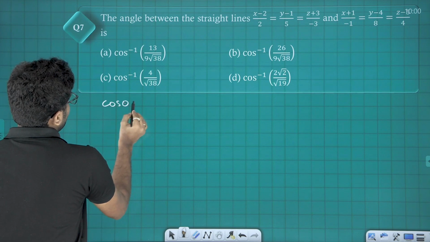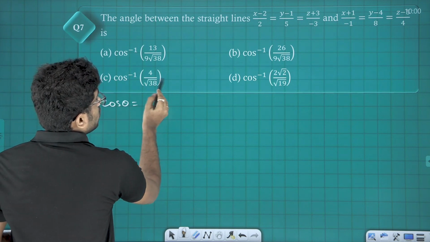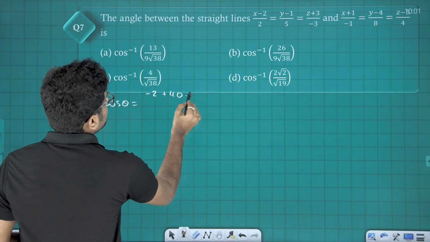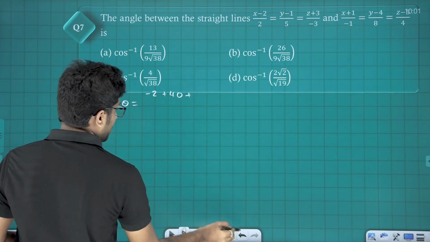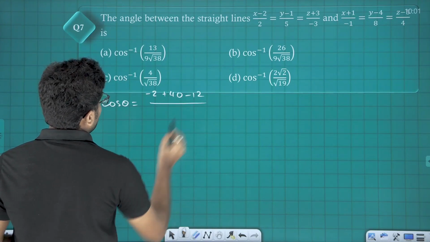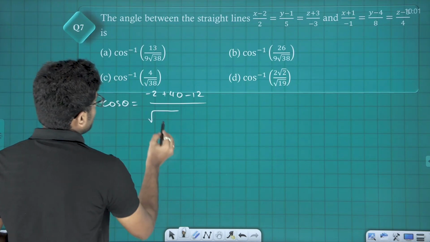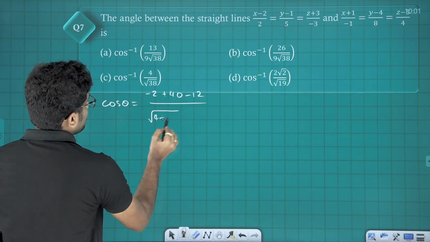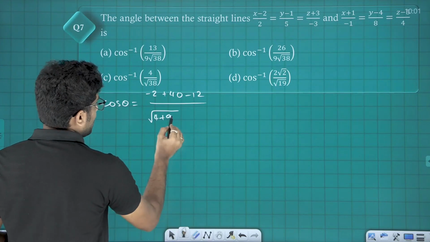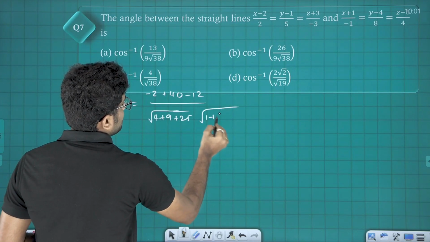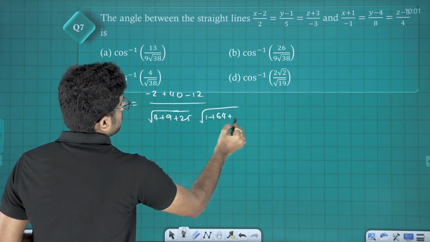Now cos theta is equal to a1 a2, 2 into minus 1 is minus 2, b1 b2, 8 5s are 40, plus 4 3s are 12, whole divided by root a1 square plus b1 square plus c1 square, 4 plus 9 plus 25 into 1 plus 64 plus 16.